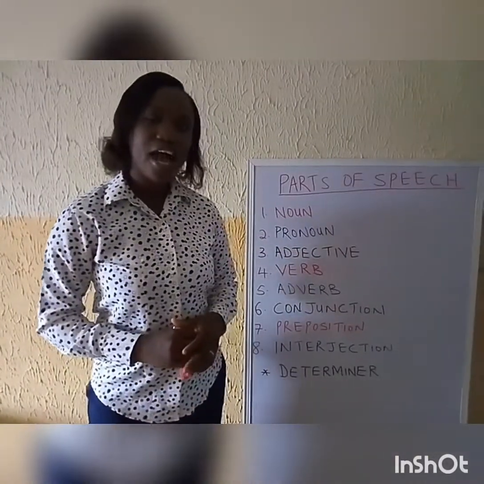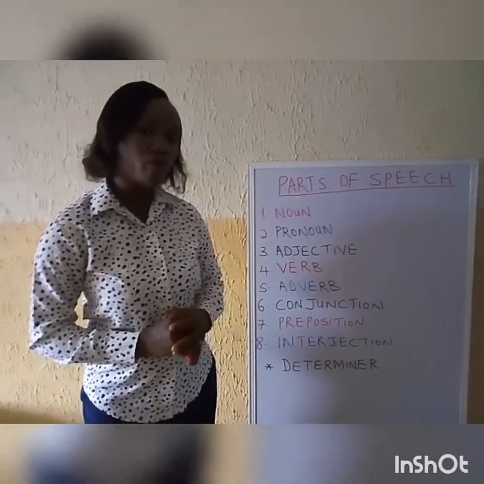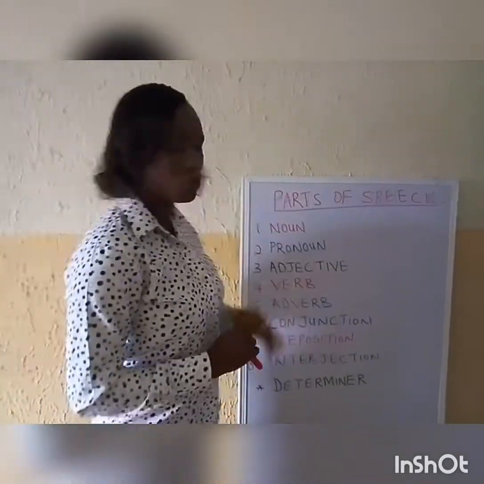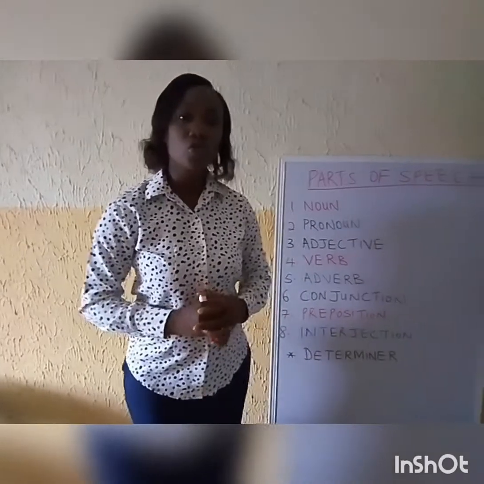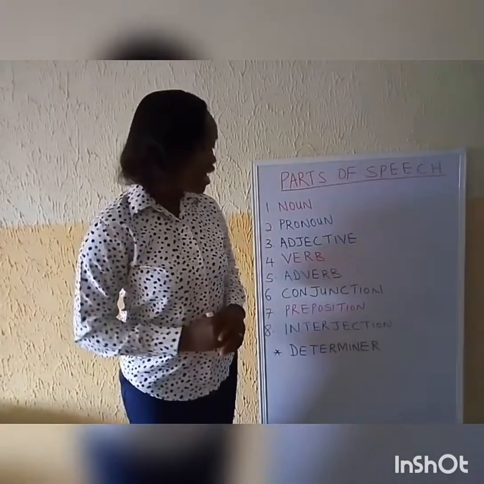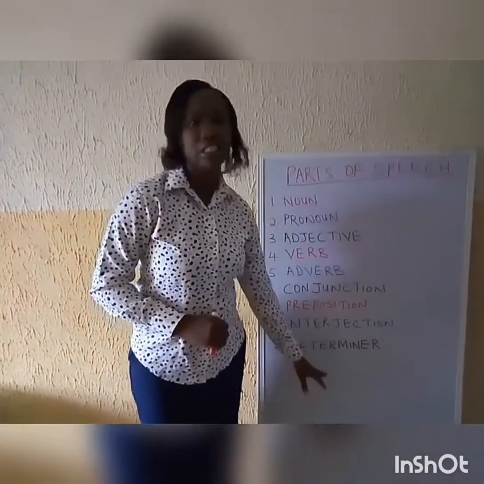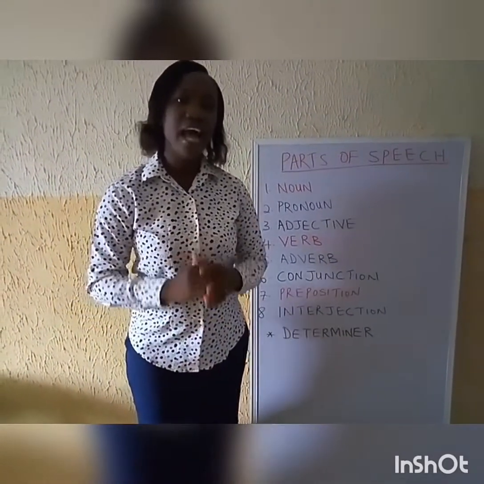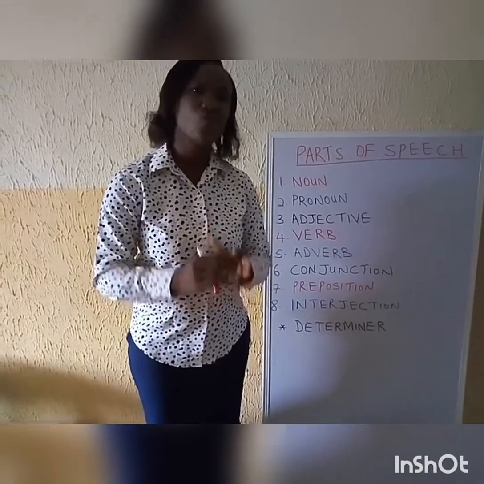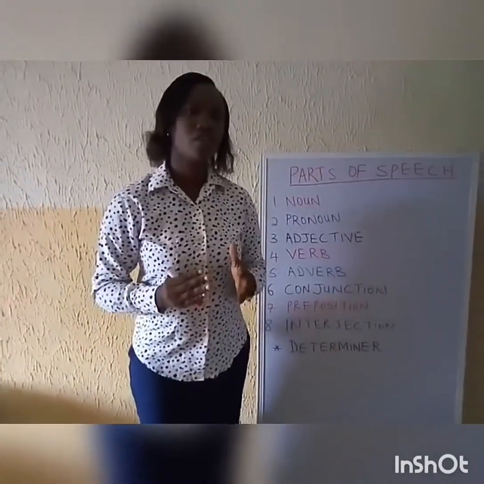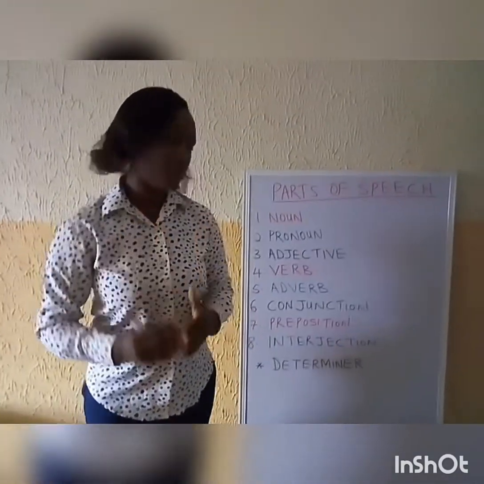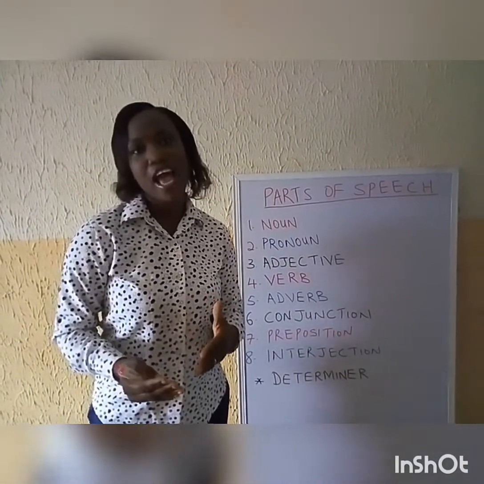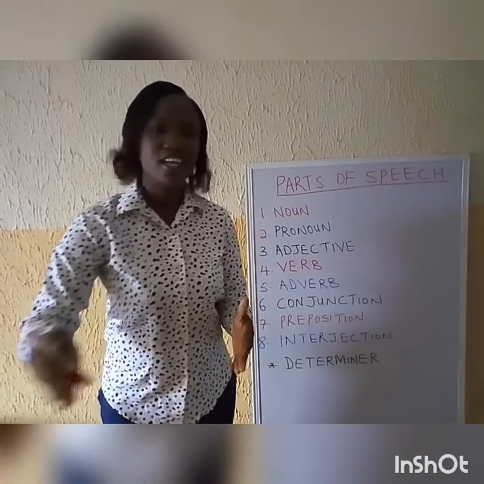But there is a special group of words that we cannot classify under the parts of speech, but that we also use in our speech. And those words are called determiners. Determiners go with nouns to introduce them to us. For example, if you want to talk about house, you won't just say, house is mine. Say, the house is mine.